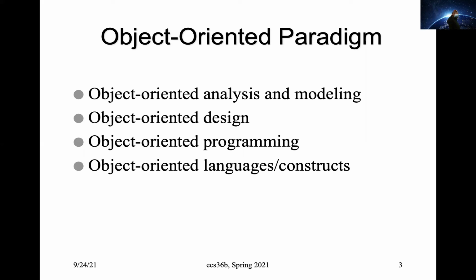The first one is object-oriented analysis and modeling. The second one is object-oriented design. That completes the whole picture of the object-oriented concept, because you need to use the object-oriented paradigm to look at the problem you try to solve, to provide the right level of abstraction for the information.